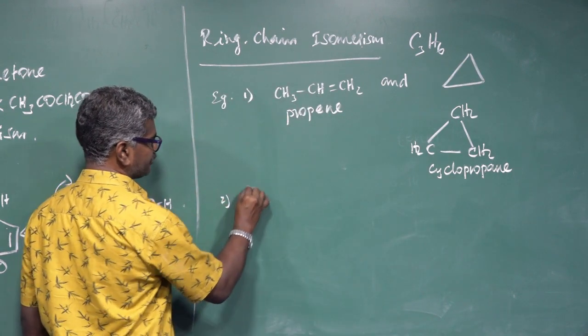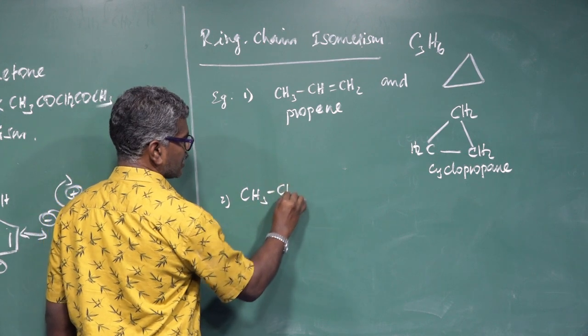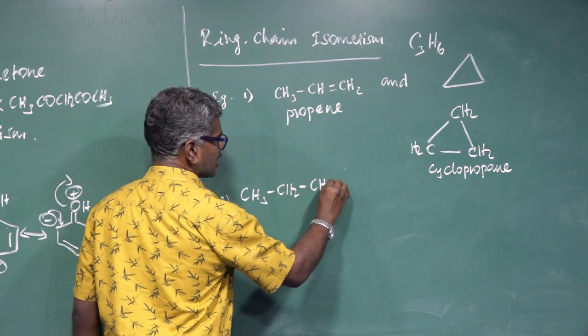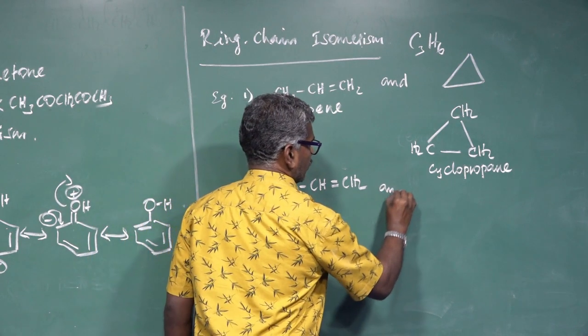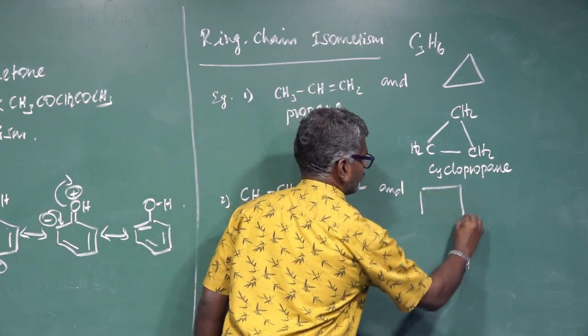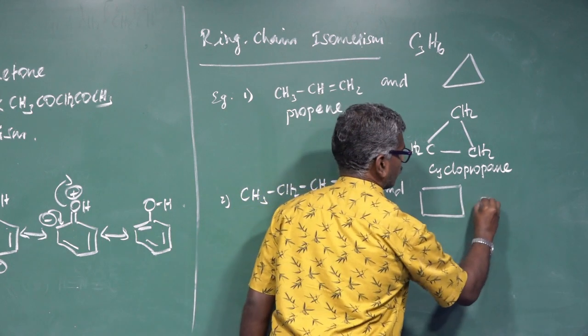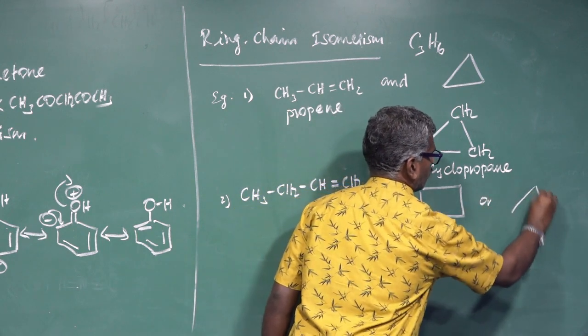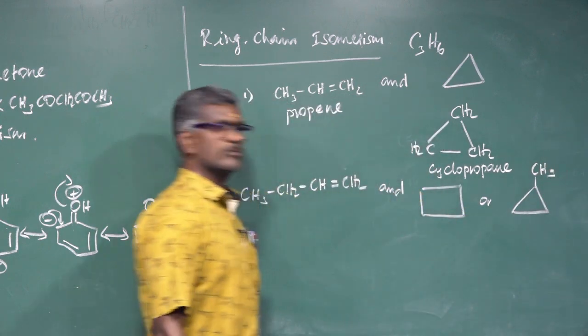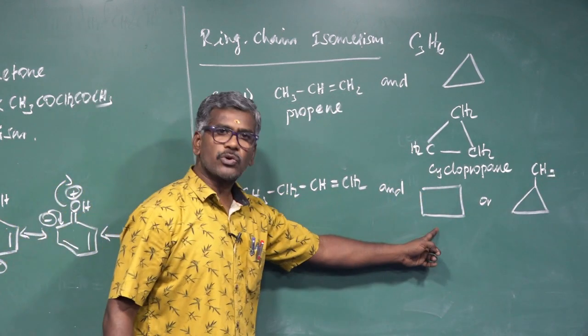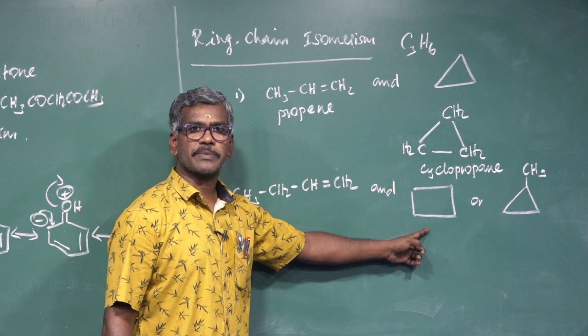Another structure, CH3, CH2, CH, double bond, CH2. Another example for ring chain isomerism.